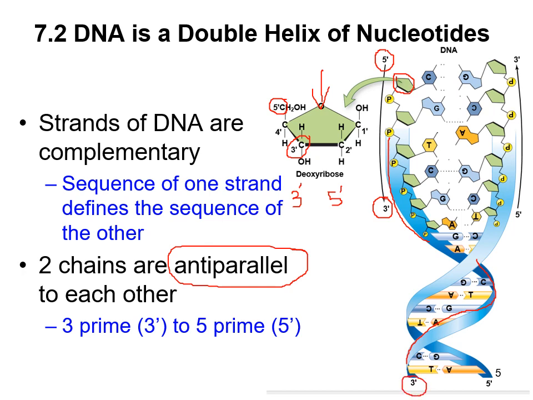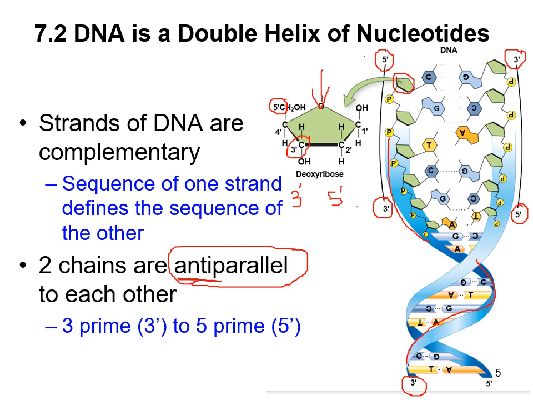The other side of the DNA molecule will run anti-parallel, so it will run the opposite way. If this one started with 5' and ended with 3', its opposite strand will start with 3' and end with 5'. Once again, this just indicates the orientation of the 3' and the 5' carbon that we are looking at in our DNA molecule.